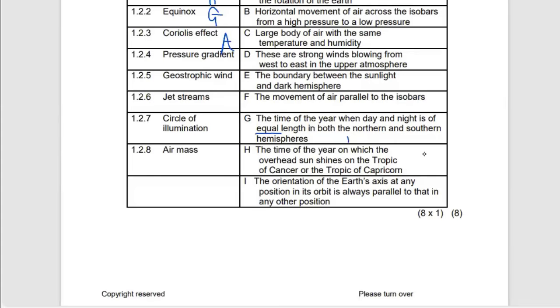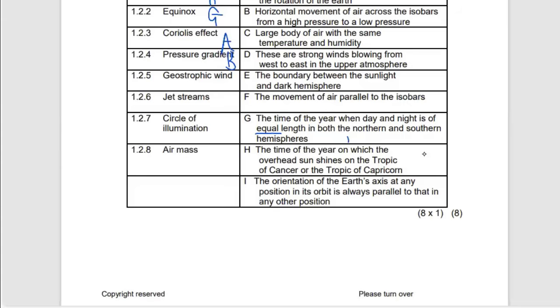Right, it takes us to the next question, which is question number 1.2.4. Pressure gradient, what is the best description of pressure gradient? We can match pressure gradient according to the description at item number B, which says it is the horizontal movement of air across the isobars from a high pressure to a low pressure.